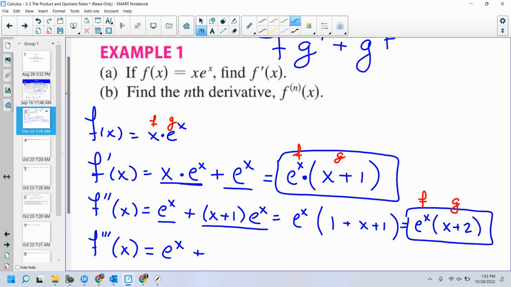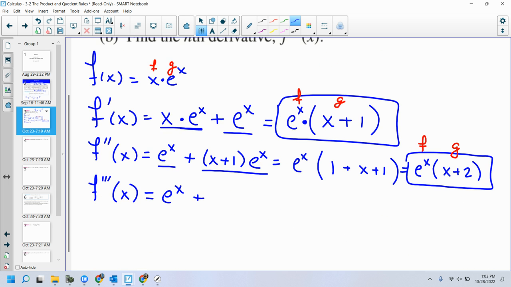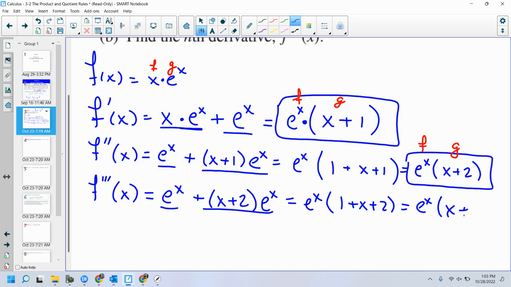Plus g f prime. So g is x plus 2. f prime is e to the x. And again, we can factor out an e to the x, which is going to be 1 plus x plus 2. Or in other words, e to the x, x plus 3.